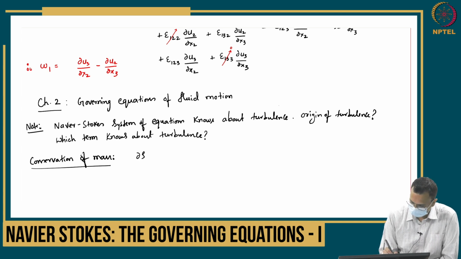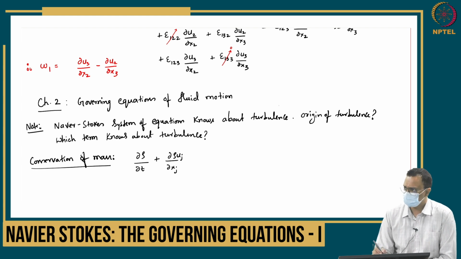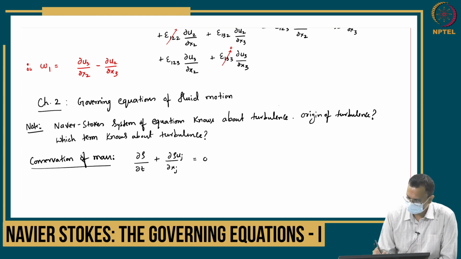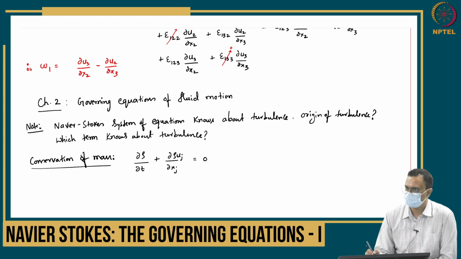So we write this as dou rho by dou t plus dou by dou xj of rho uj equal to 0. It could be i also, i or j or k, doesn't matter.